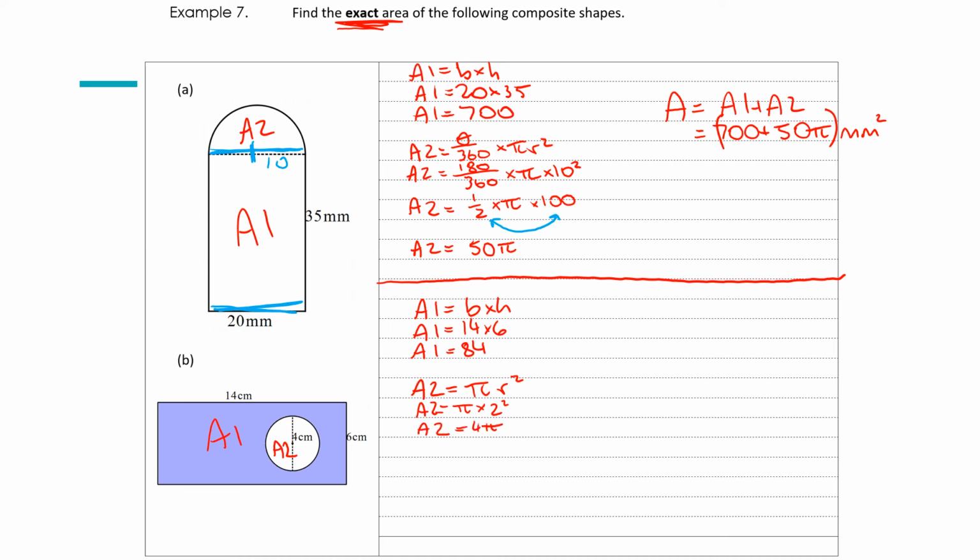We always put our number before our symbol. 4 pi. Now our total area is area 1 plus area 2. So area equals 84 plus 4 pi. And once again, we can't simplify that. So it's just 84 plus 4 pi centimeters squared.